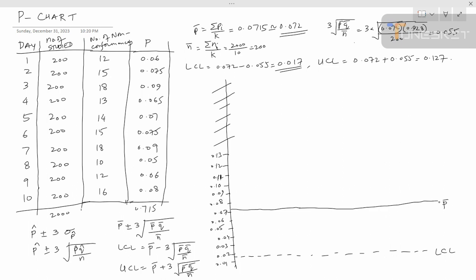That's p bar. Then 0.127, again as a dotted line, for the UCL. Now we label the days on the horizontal axis.